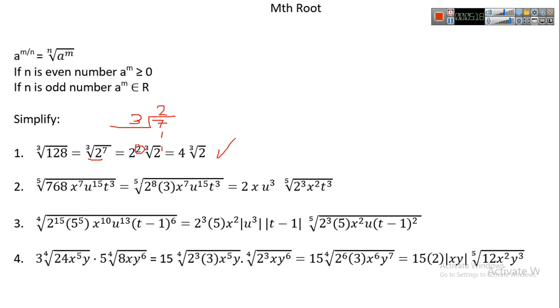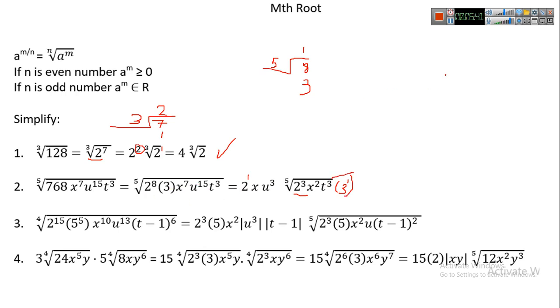Now we divide 8 by 5: 1 and 3. So 2 power 1 outside, 2 power 3 inside. You have 3. I forgot to put 3 here. It has a power 1, so it stays inside.